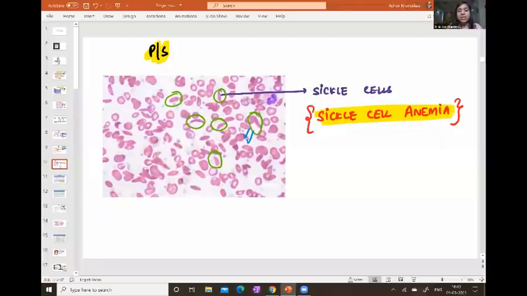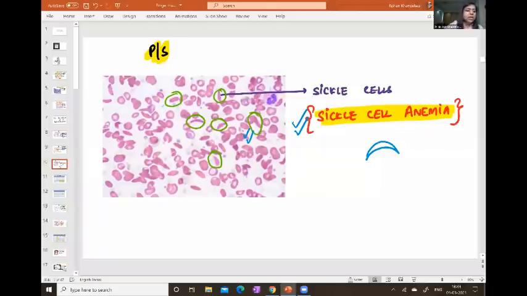These sickle-shaped cells are a characteristic feature of sickle cell anemia. That's a very straightforward thing which we can easily diagnose, and there is no other differential diagnosis for sickle cell anemia, correct? So we have done three things till now: spherocytes, bite cells and Heinz bodies, and sickle cells.